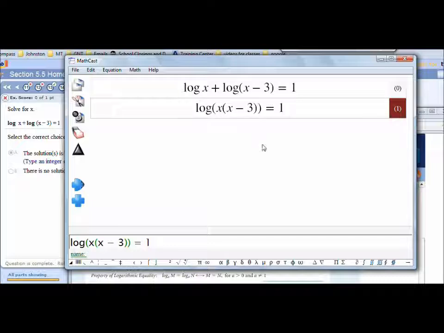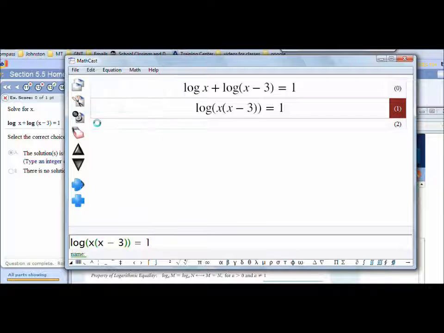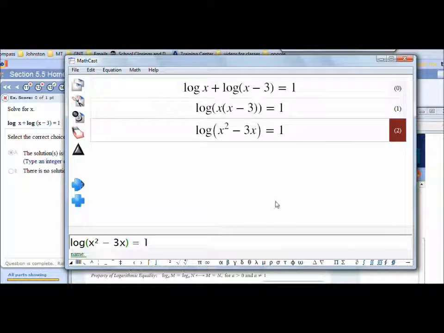Okay, let's distribute all this stuff. So I need to add another spot here, edit, copy all, and I'll distribute this too. X times x is x squared. X times negative 3 is negative 3x.